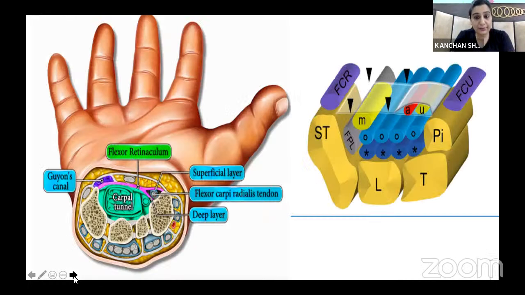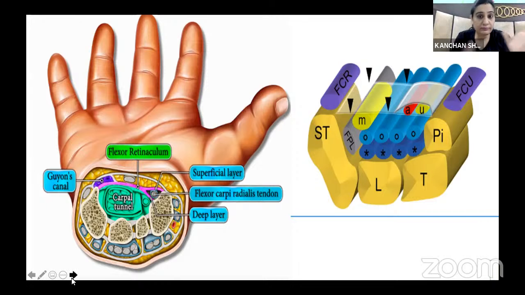So coming to the carpal tunnel, basically, again, you have the carpal bones and you have the flexor retinaculum, which is converting this again into an osteofibrous tunnel. And beneath the flexor retinaculum, the median nerve passes by. Okay.